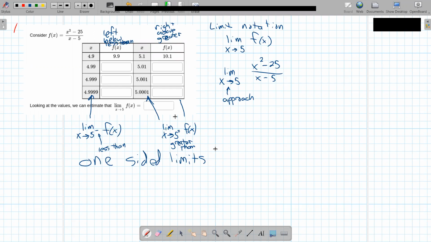And this limit up here, well, we don't say whether we're on the left or the right. This is a two-sided limit. And a two-sided limit only exists if the left side and the right side do the same thing.